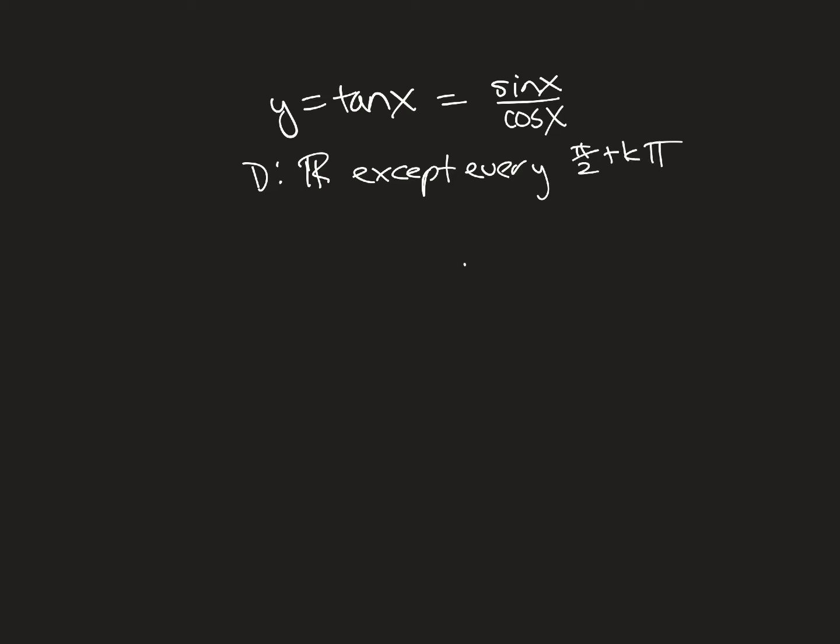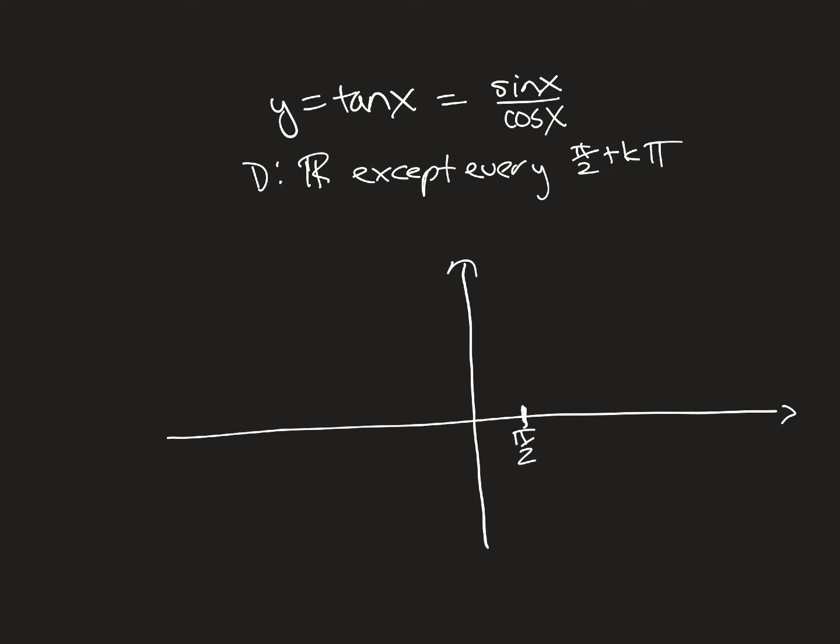So let's put in our asymptotes then, and then we'll start thinking about what the rest of the graph looks like. So I've got an asymptote at pi over 2, and then pi away, this is 3 pi over 2, sorry.